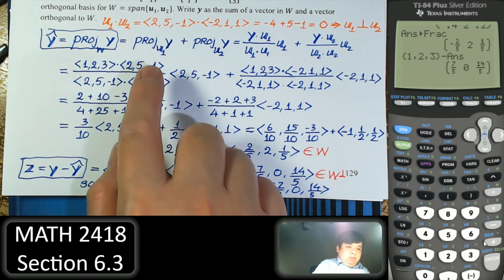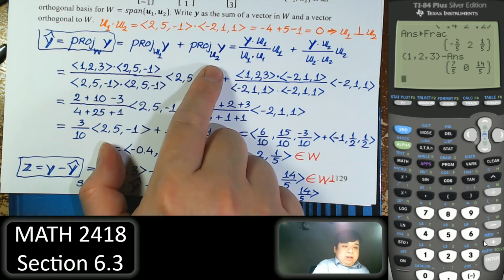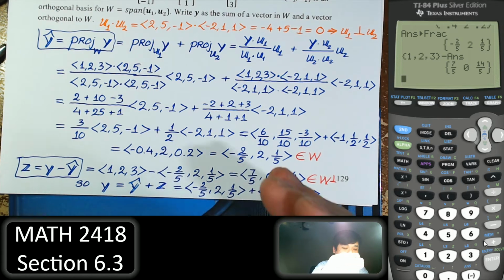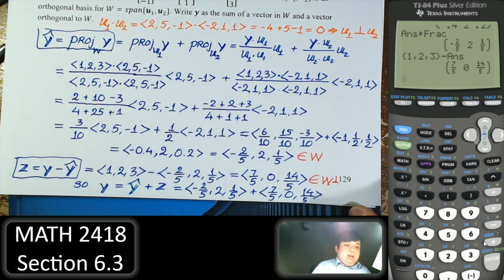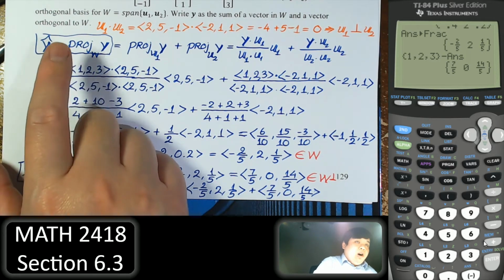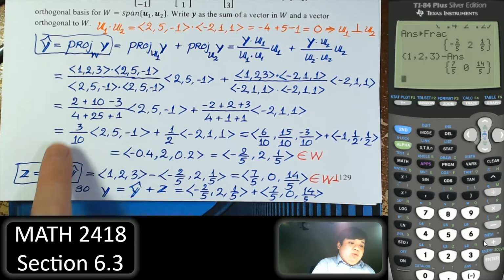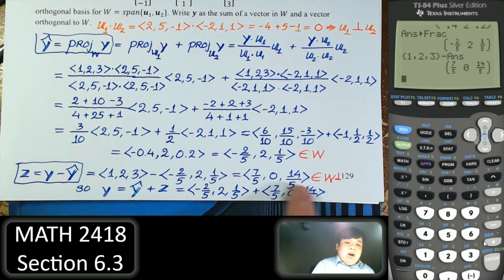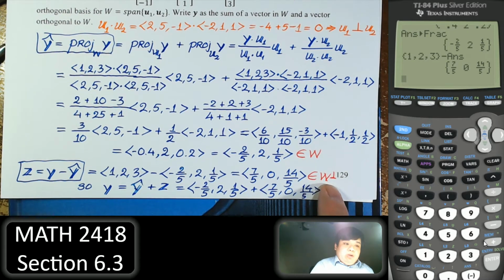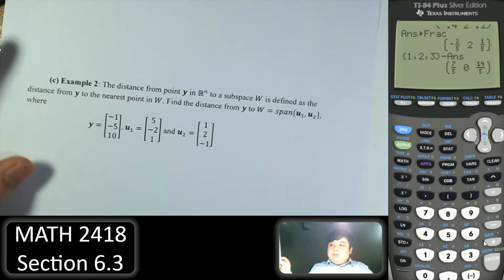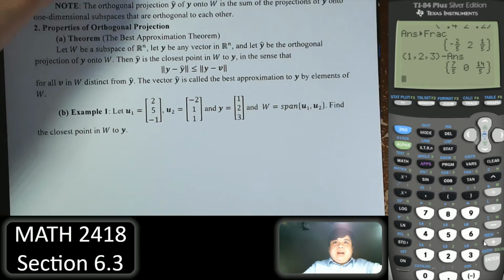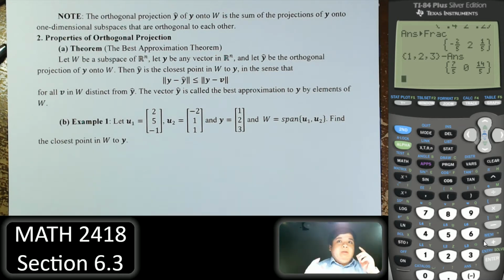Just find the orthogonal projection of y onto all the vectors in the basis, and then just add them up. That will give us the projection of y onto W, and then we subtract it from y, which gives us the vector in the space orthogonal to W. Right. Of course, that's how we find the orthogonal projection of a vector onto a space, knowing the orthogonal basis of that space.